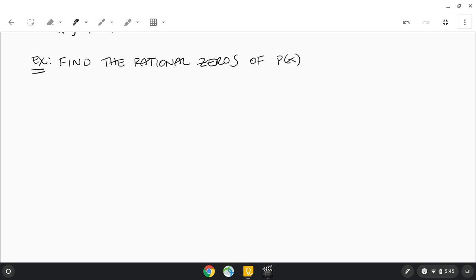So here's your polynomial. P of x equals 2x cubed plus x squared minus 13x plus 6.